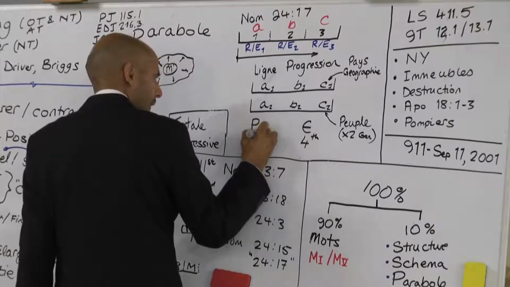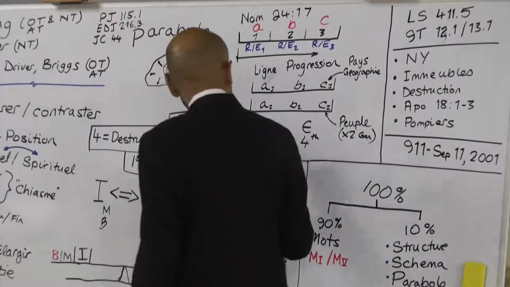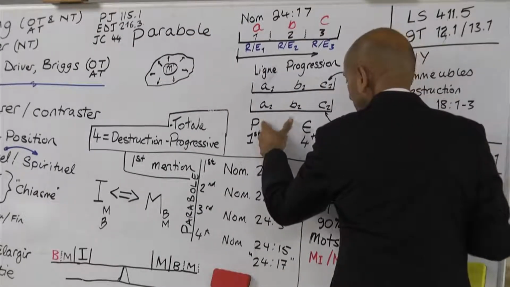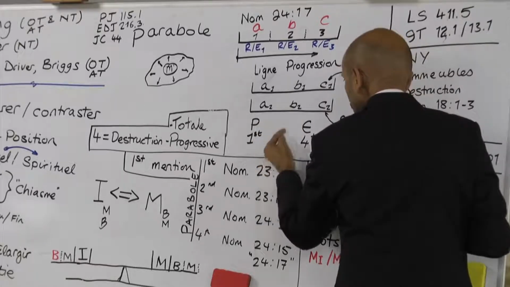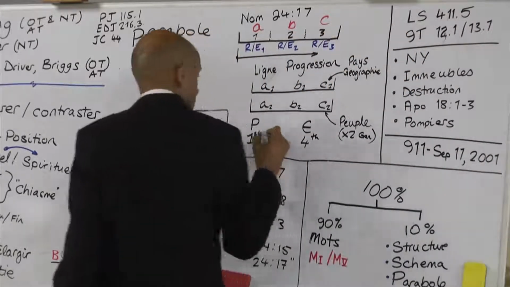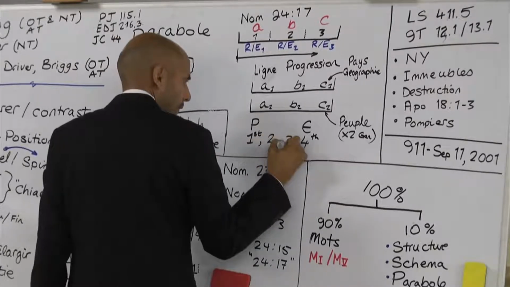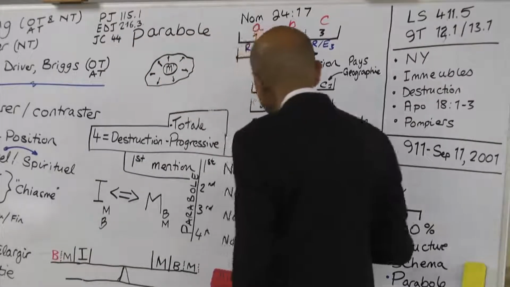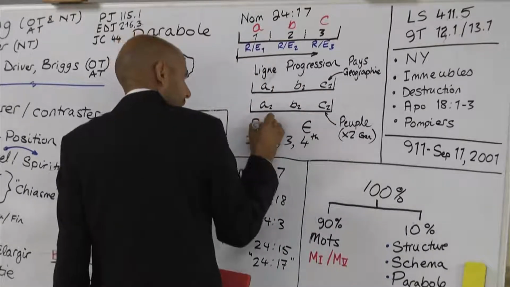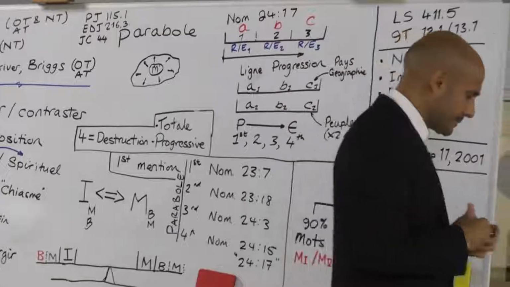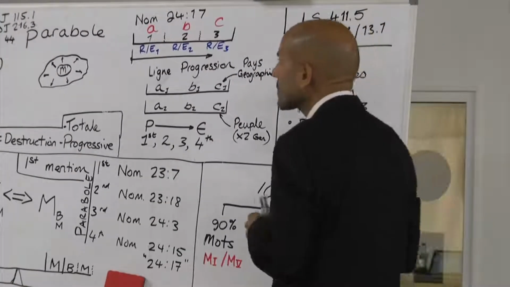Sometimes it just jumps from the parents to the children, and sometimes it goes through the four generations. The Bible will do it either way. It will skip the intermediate steps.